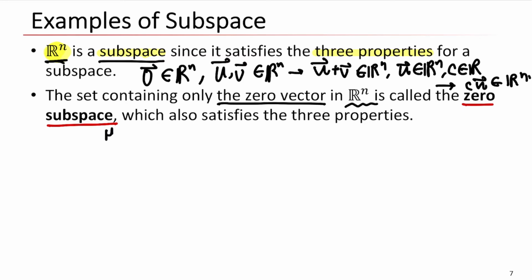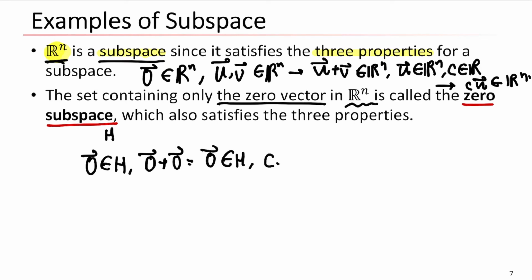Let's say the zero subspace is H, containing the zero vector itself. The zero vector is in H, right? Then zero vector plus zero vector is also the zero vector, so this is in H. Then c times the zero vector is also the zero vector, so this is also in H. So this is the proof for the zero subspace.